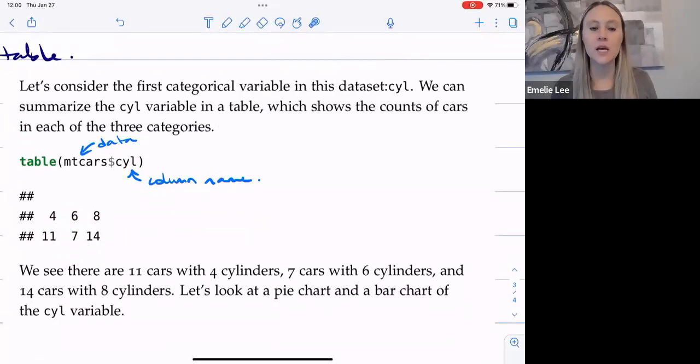Now, usually we want to look at how do I visualize this, because our brains don't do a good job of comparing 11 to 7 to 14, right? We can pick out the highest, we can pick out the lowest, and then the differences between them might be lost, right? And so our brains don't do a good job of that.